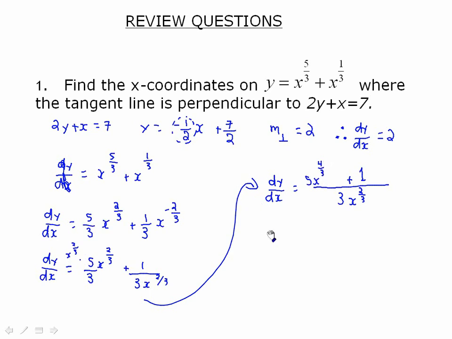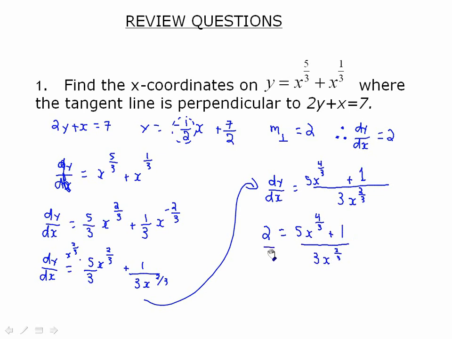Now we replace the dy/dx with 2. So 2 is equal to 5x to the 4/3 plus 1 all over 3x to the 2/3. So a common denominator was found.